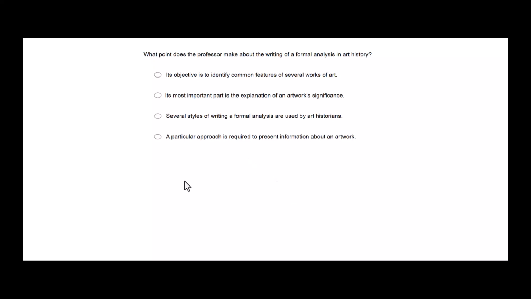Option two, its most important part is the explanation of an artwork's significance. According to the lecture, the most important part is to explain the meaning of an artwork, to draw the meaning of an artwork, and the meaning of its details, its design elements.